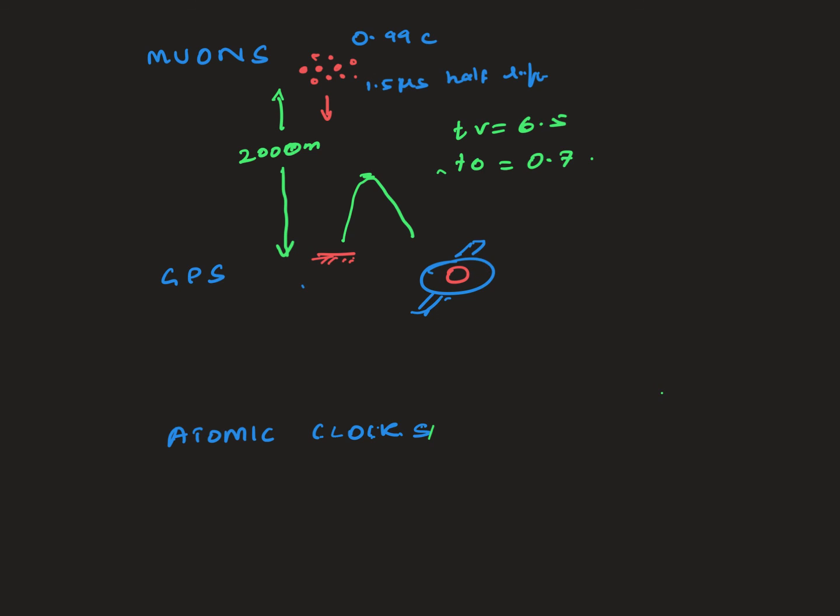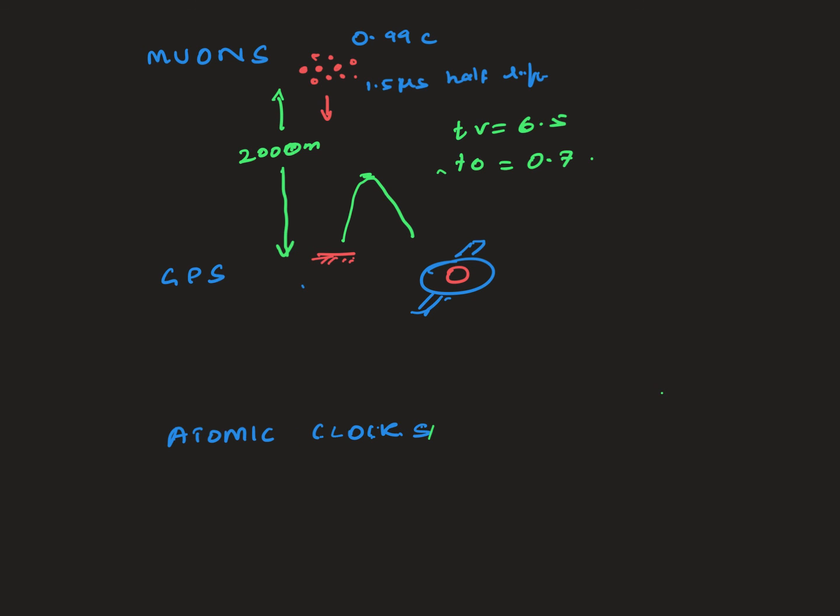It's not a relativistic speed, but the clocks still change. So there are systems in the satellite to adjust the clock back to match the time on Earth. That's another real example.